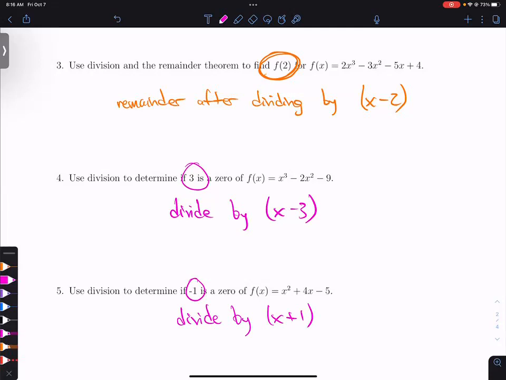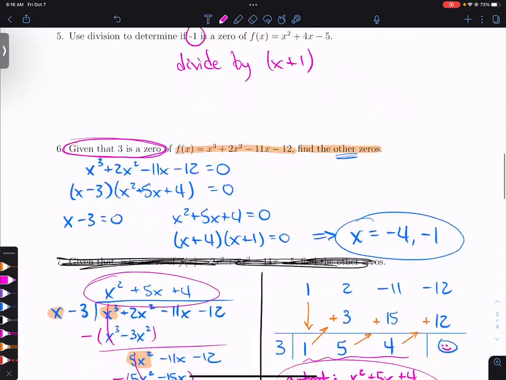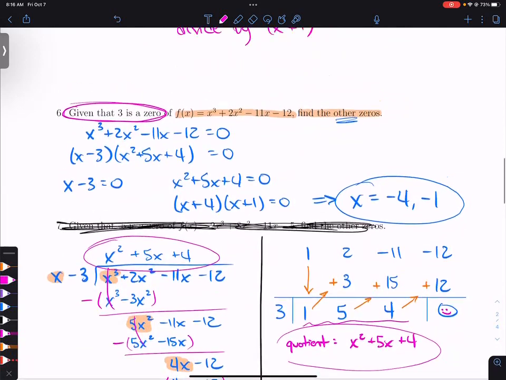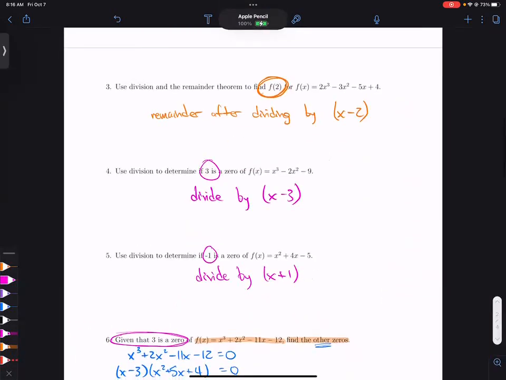And then the question is, determine if that's a 0. Well, that will come down to whether the remainder is 0 or not. If it's a 0, then it divides in evenly, so it gives remainder 0 when you do the division. If it's not, then there's some other remainder left over. So again, really just practicing the division part of things. And 6 we just talked about. 7 is the same kind of thing, just practicing with division.